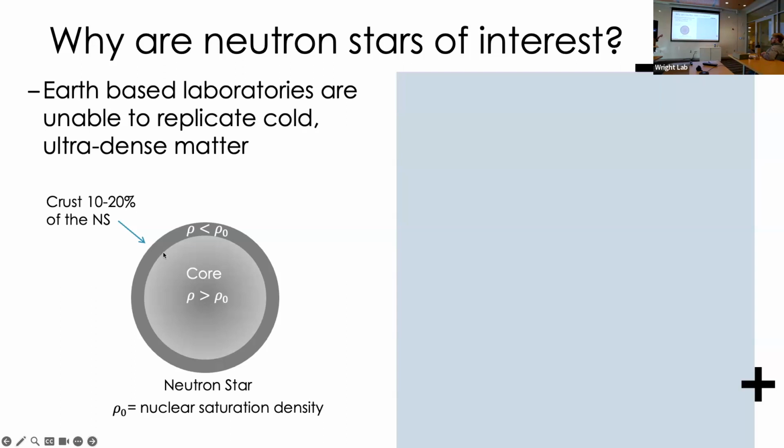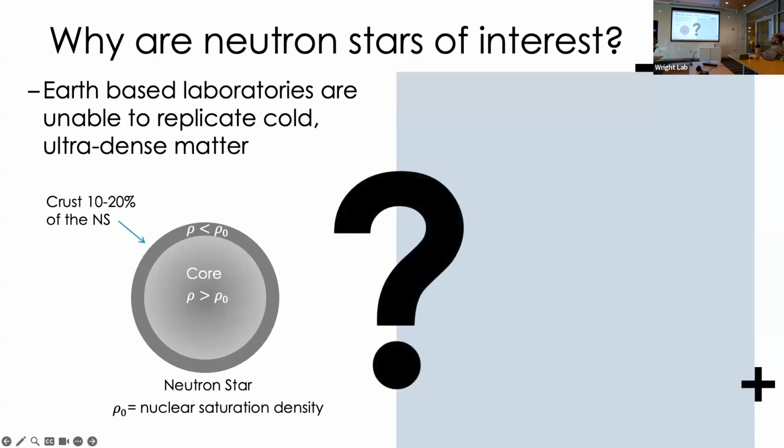In this region, the density is less than that of an atomic nucleus, which I am sure you're all familiar with, 3 × 10^14 grams per cubic centimeter. So we have a pretty good understanding of the composition in this region and how the matter is behaving, because we're less than the nuclear saturation density. But once we enter the core of a neutron star, the density exceeds that of an atomic nucleus, sometimes several times over.